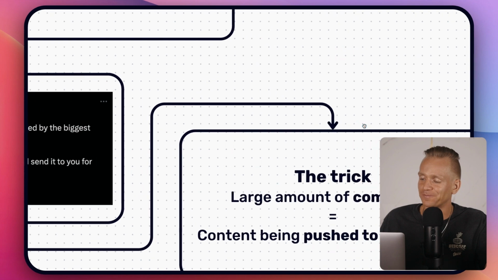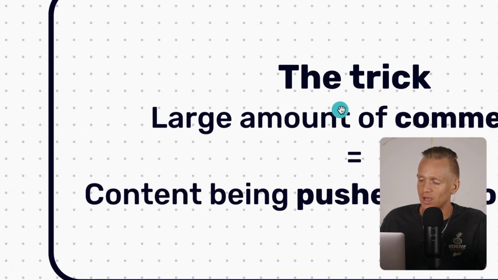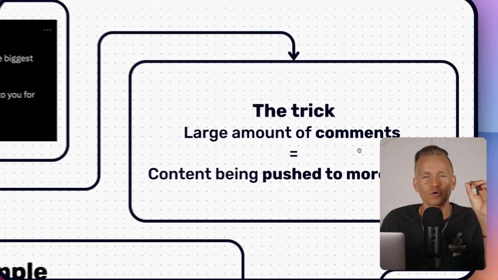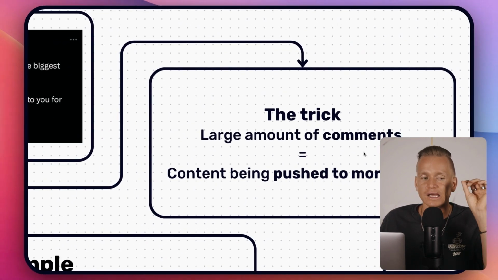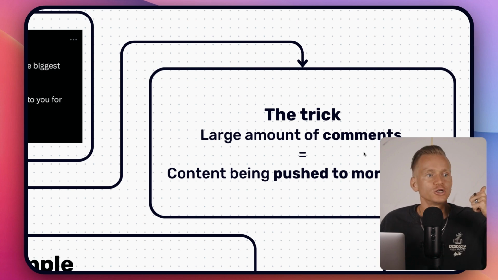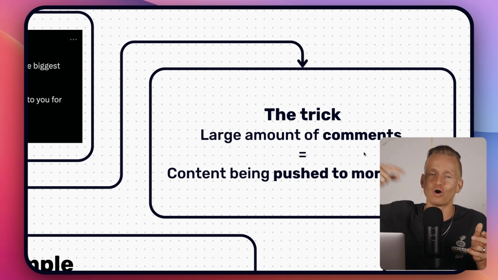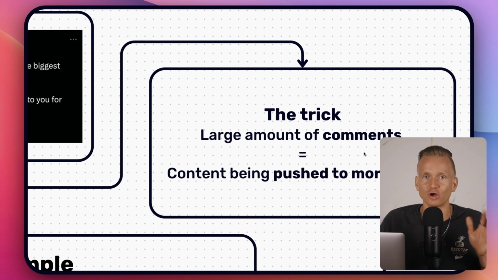But basically, the trick here is that the more comments you get, and comments on most social media platforms are one of the main things that help boost your engagement, especially on Twitter and Instagram. It works really well on LinkedIn, because when someone comments on your post, a lot of their connections are going to see your post.